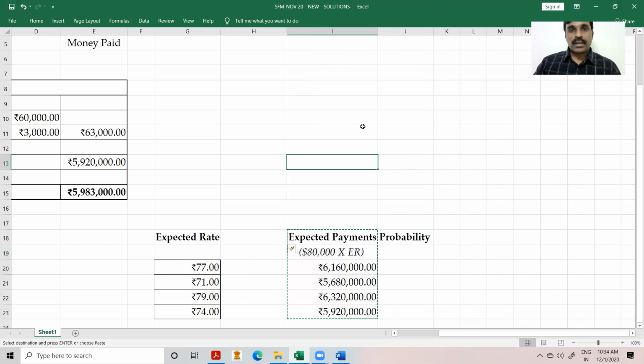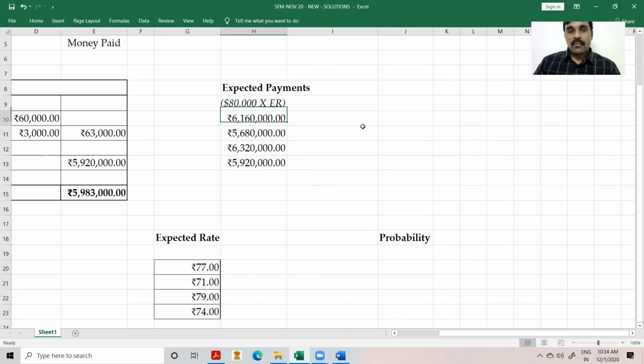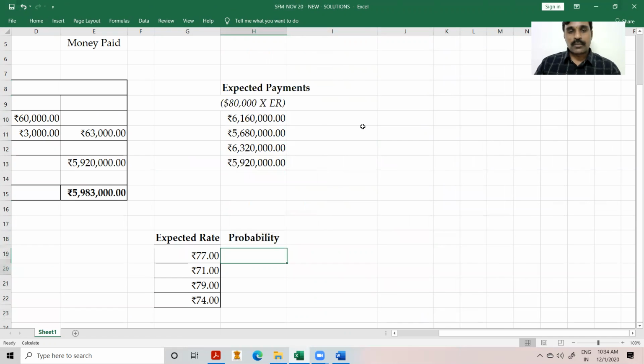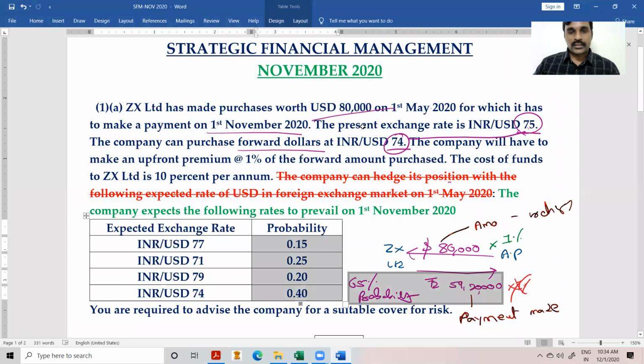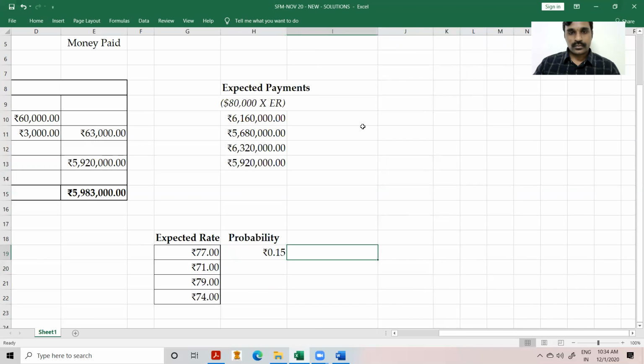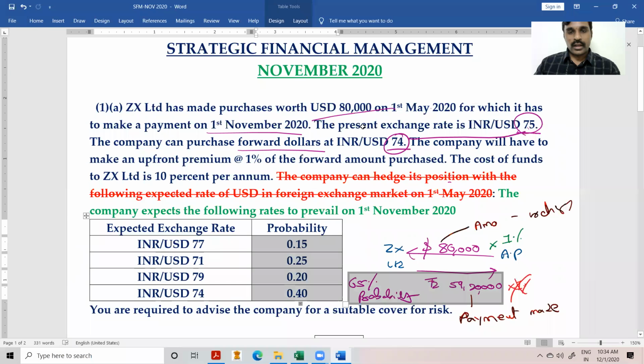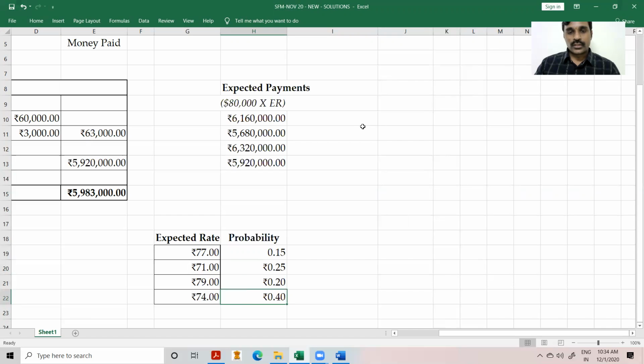So this is the presentation that may be acceptable in the exam, but in corporate life that is not the acceptable way of presentation. I'll show you a different way later. So, how much are the probabilities? 0.15, another one is 0.25, and 0.20 and 0.40.